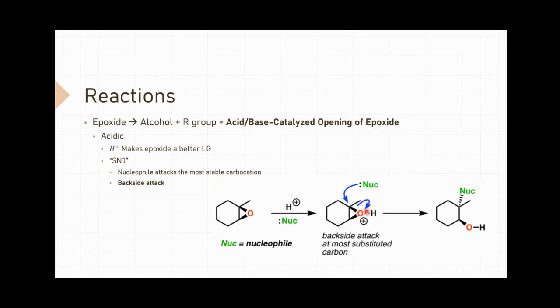However, this is kind of special. It kind of does SN1. So this portion of the epoxide will actually leave, and you will form a stable carbocation. And so using acid, you are able to attack the nucleophile at the most substituted carbon, or at least the most stable carbocation.